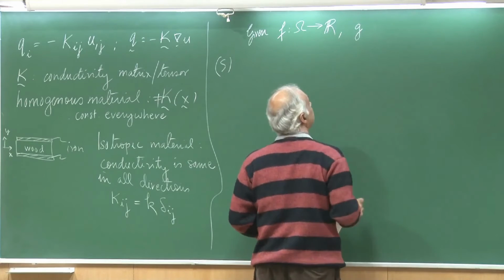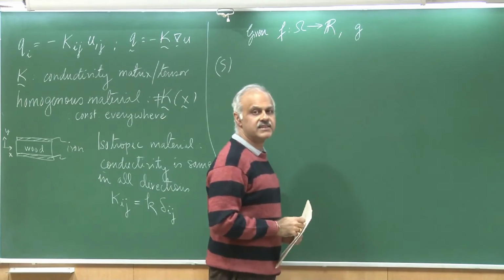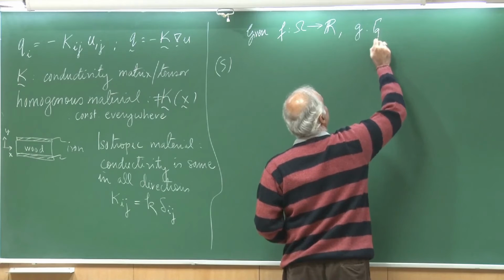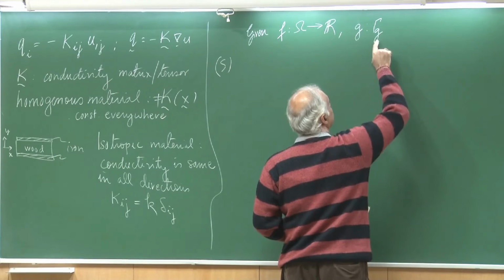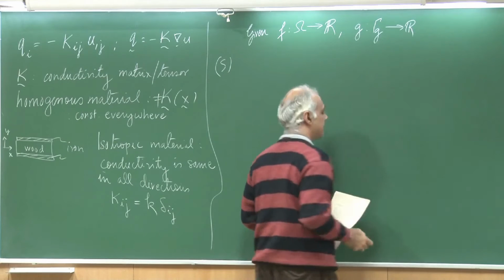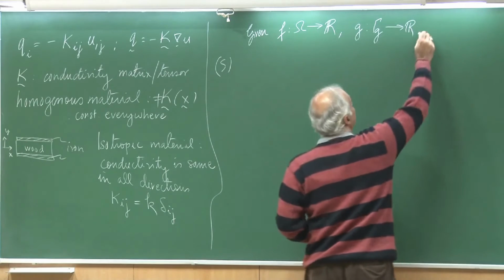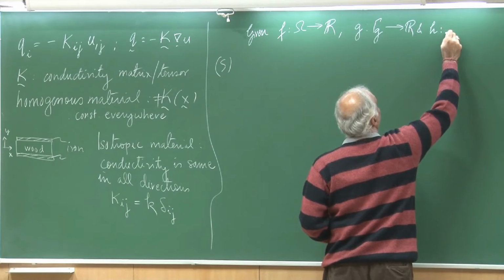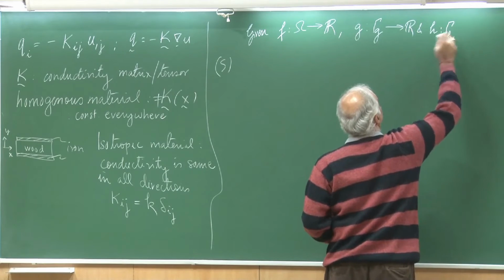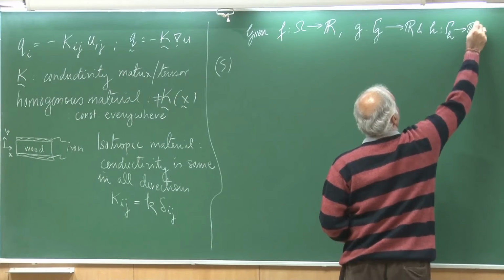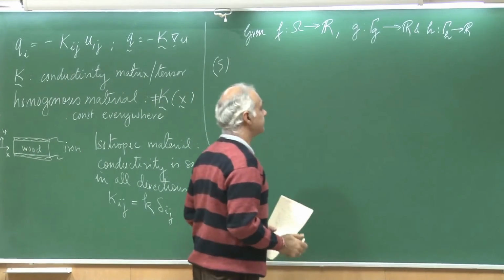I will define g as the boundary condition, the Dirichlet boundary condition, it is defined on the domain gamma g, which is the boundary of omega. This is also a real valued function. And I will talk about h, which is defined on gamma h, and this is also a real valued function.